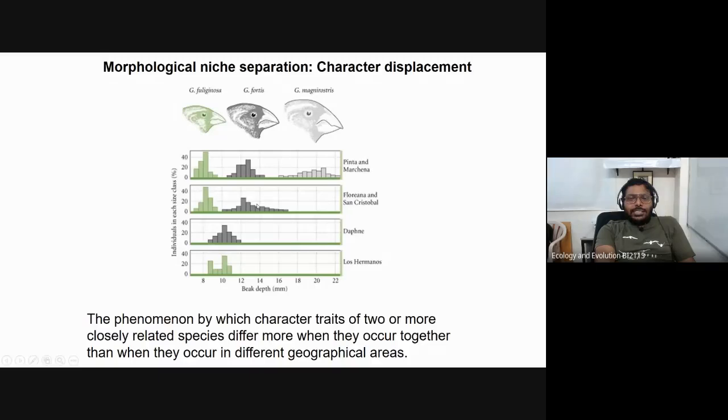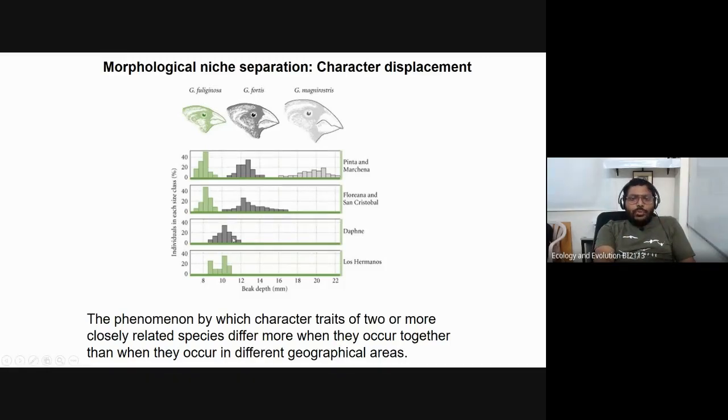Interestingly, it has not become wider in both directions, so it is still non-overlapping on the lower side. But if you look at the right hand side, you see that this has essentially gone into the zone of what on this island would be the zone of this other big bird, magnirostris.